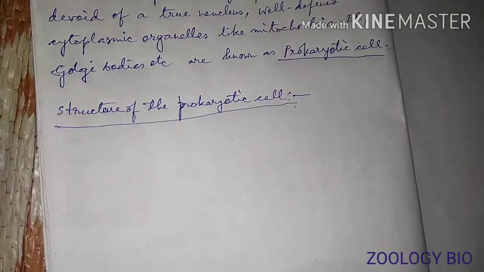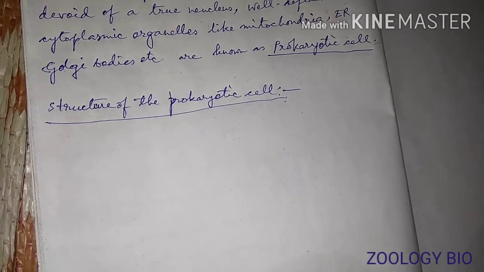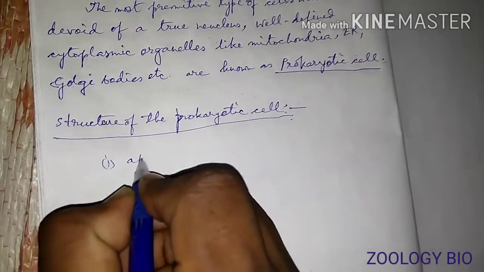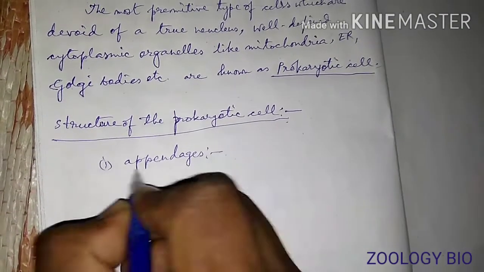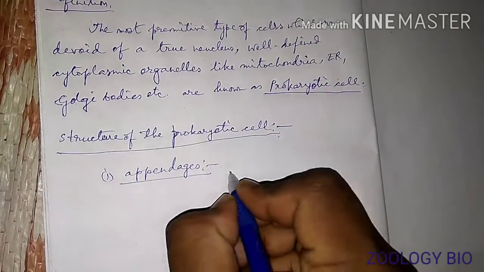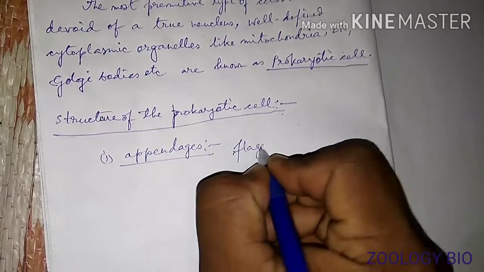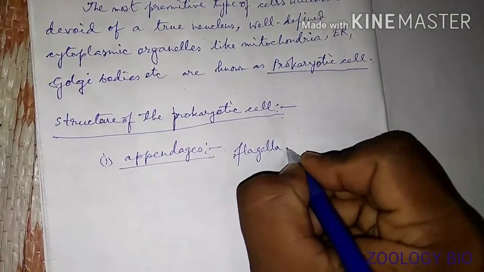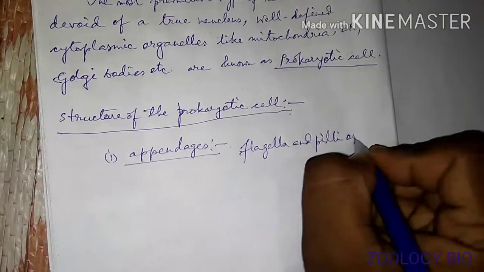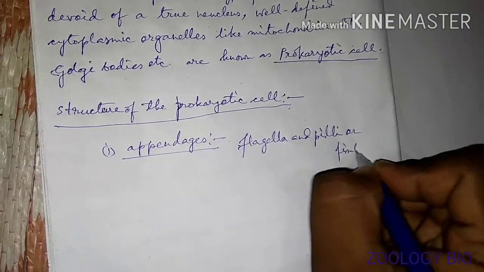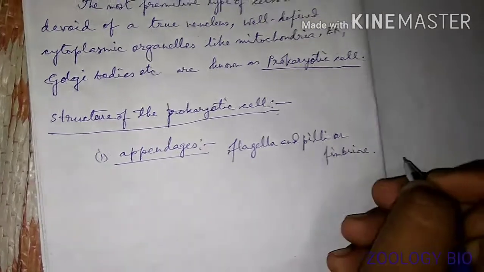Structurally, it has three main regions. First, appendages, which means in the form of flagella and pili or fimbriae.